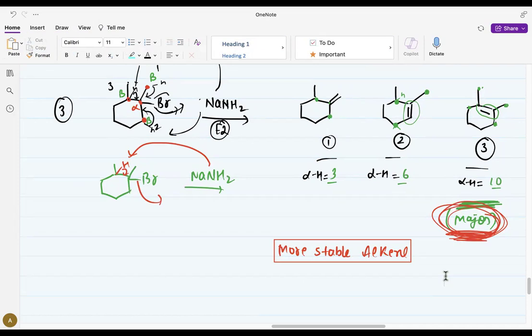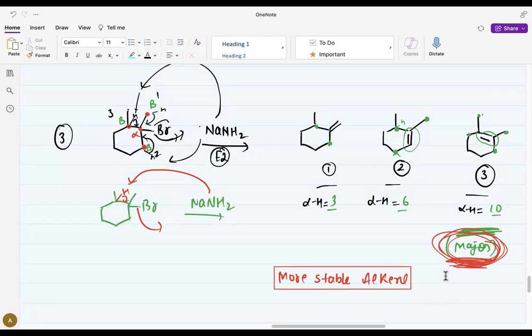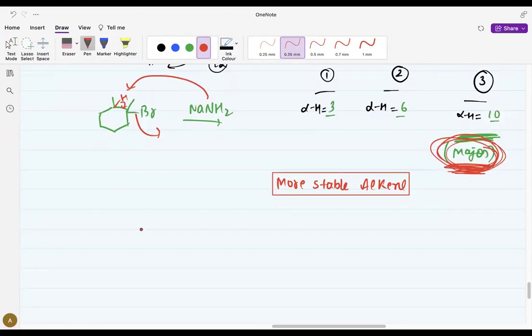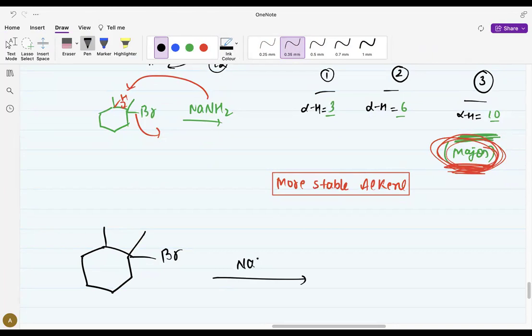Simple this is. Third question it was. Write this beta. Same question, see beta. So NaNH2, Na positive, NH2 negative will act as a base. Which hydrogen will it take?